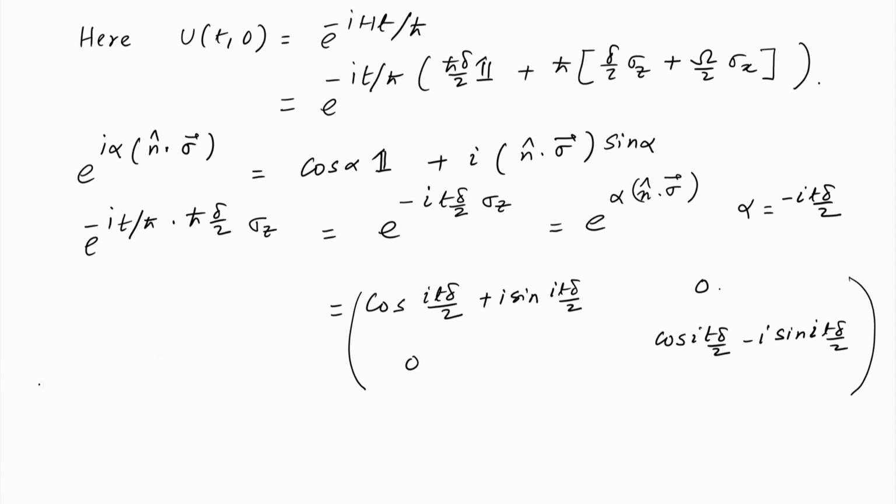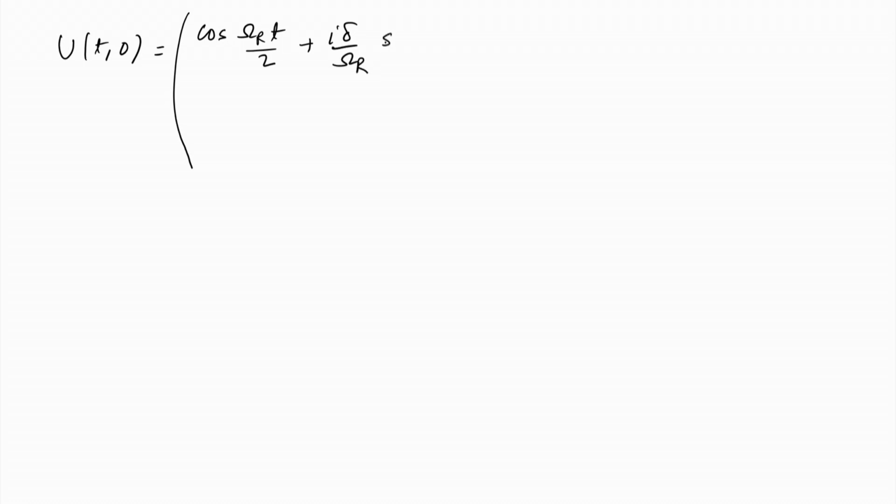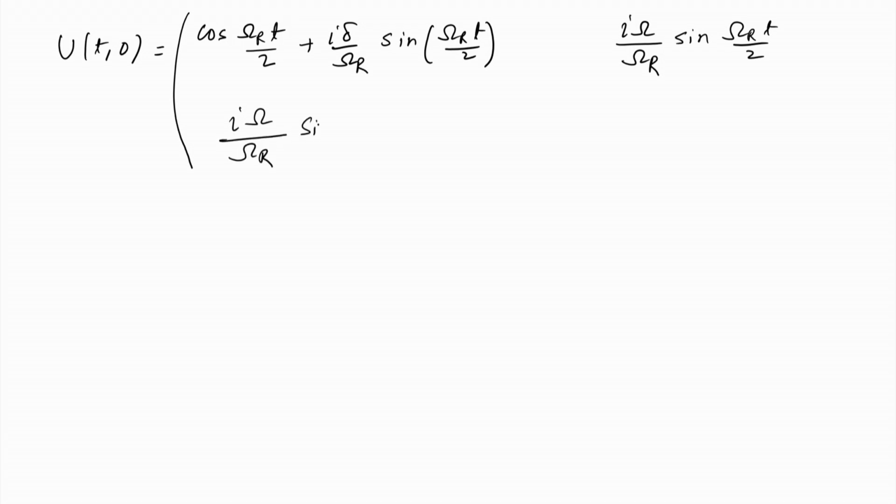So, if you do that, then U(t, 0) for this particular case is written as cos of omega r t by 2 plus i delta by omega r sine of omega r t by 2, and i omega by omega r sine of omega r t by 2, and i omega by omega r sine of omega r t by 2, cosine of omega r t by 2 minus i delta by omega r sine of omega r t by 2.